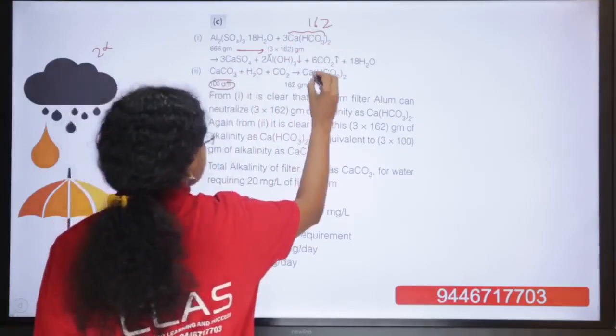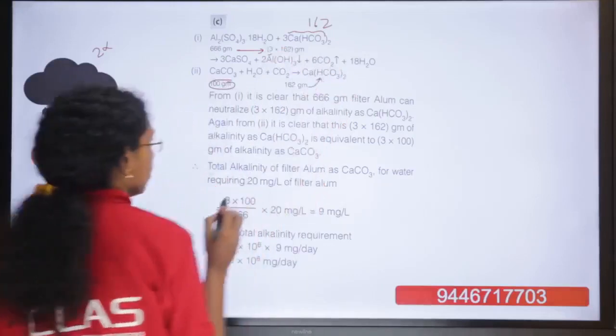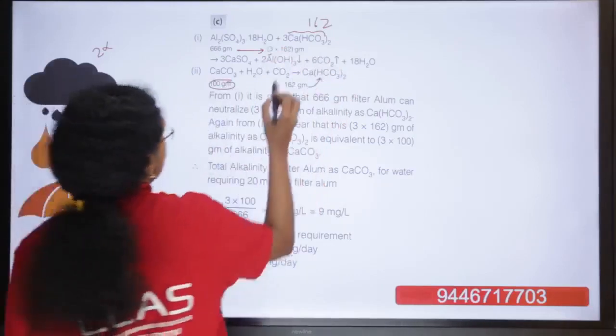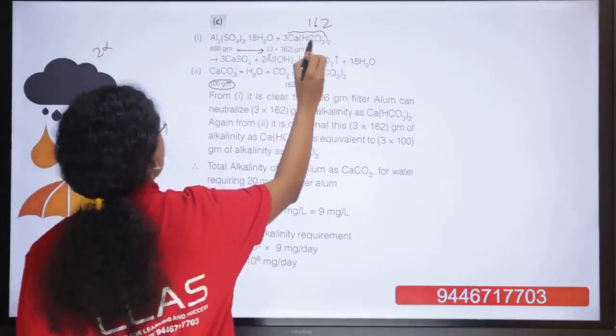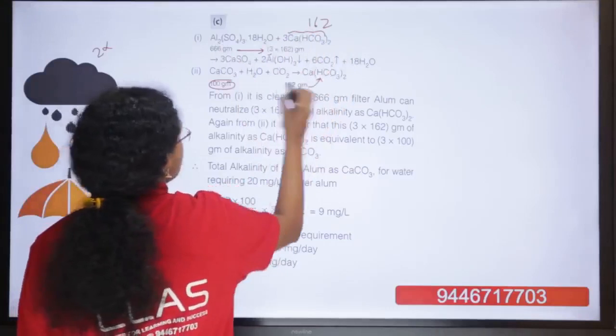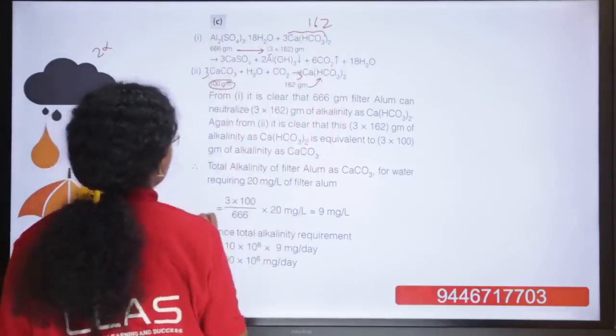Here 162 is the molecular weight of calcium bicarbonate. When this reaction occurs, 3 molecules of calcium bicarbonate combine with the alum. So if we are balancing this, we can add a 3 both here and here.